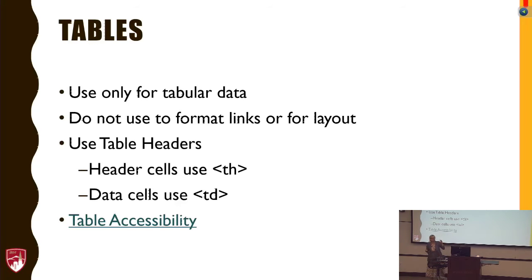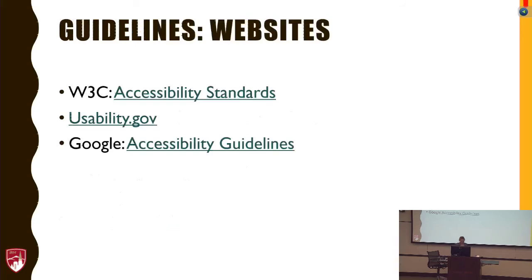And this is in LibGuides, all the WYSIWYGs. You can place header cells. Always use header cells. It uses the TH tag, and then that is readable by these screen readers. Use data cells. If it's data, use TD. There's a whole guide on table accessibility and what not to do with tables. I've put up here.